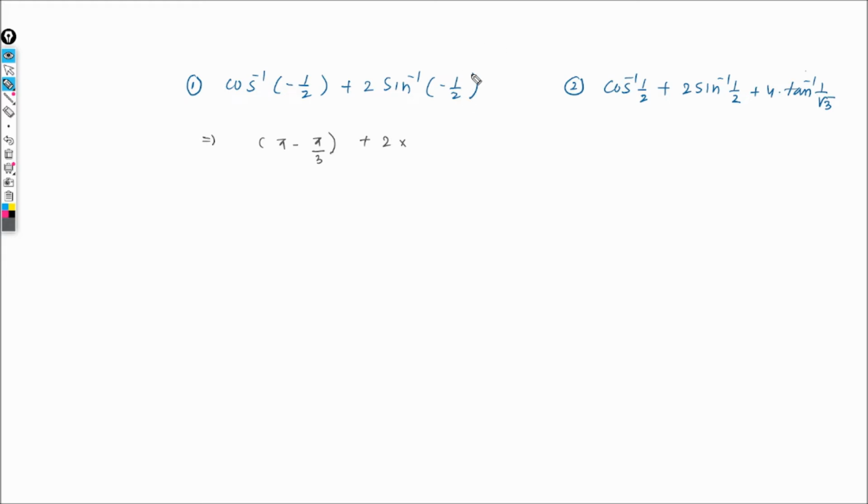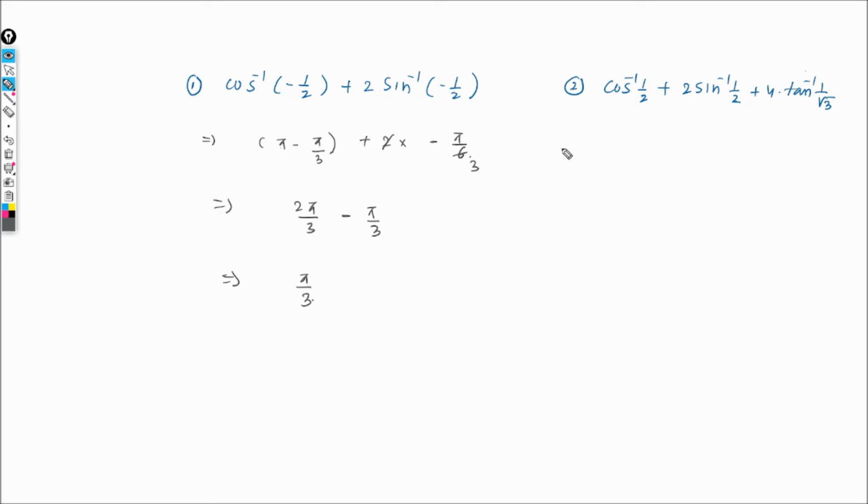Sin inverse of minus 1 by 2 means minus pi by 6. So this implies 3 pi minus pi means 2 pi by 3. 2 ones are 2, 2 threes are 6, this is pi by 3. So 2 pi by 3 minus pi by 3 means it is pi by 3.